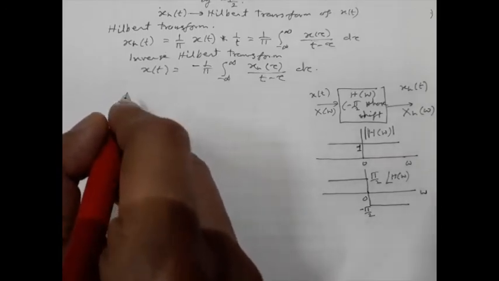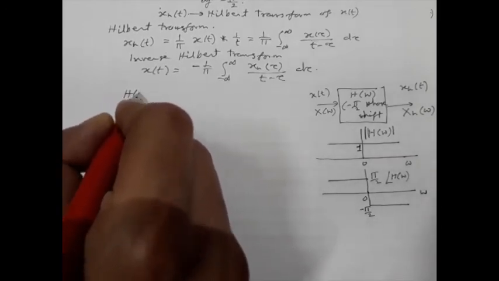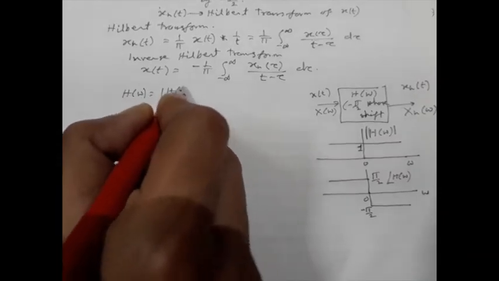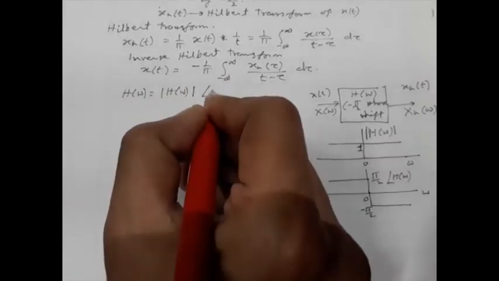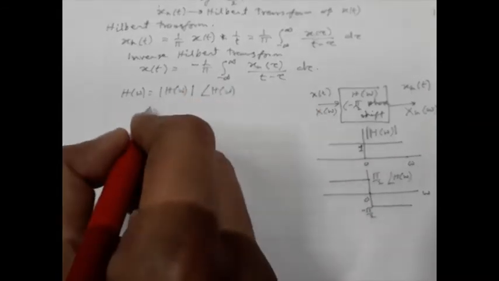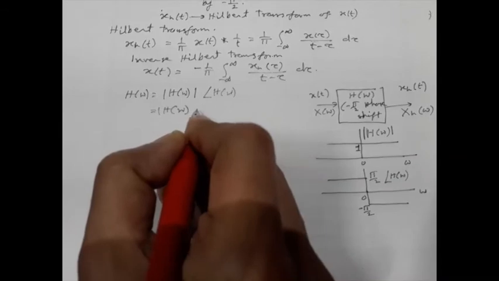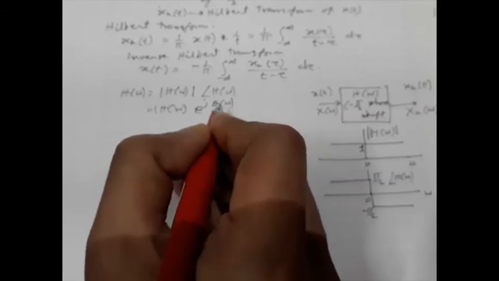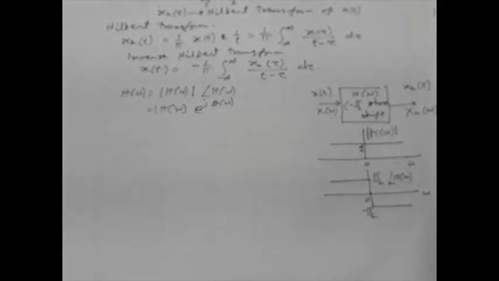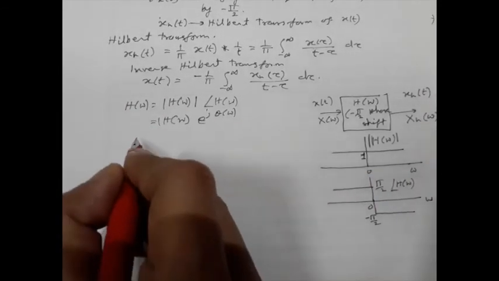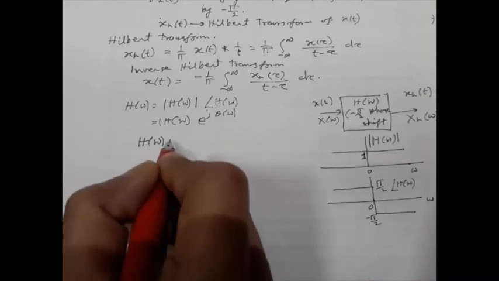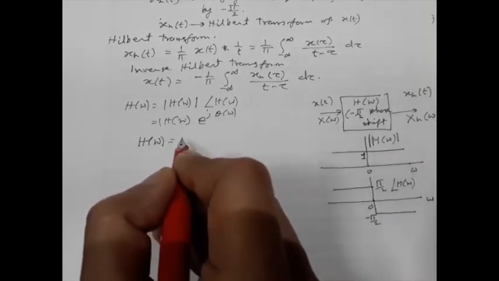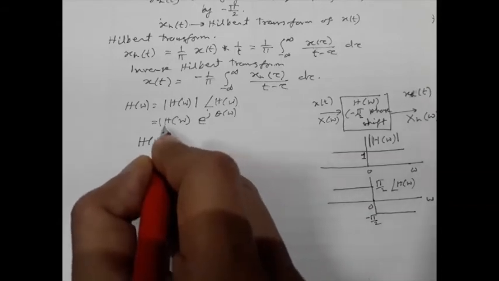Now transfer function h omega can be written as magnitude of h omega, angle h omega, that is magnitude of h omega e to the power j theta omega. Now here magnitude spectrum is 1.